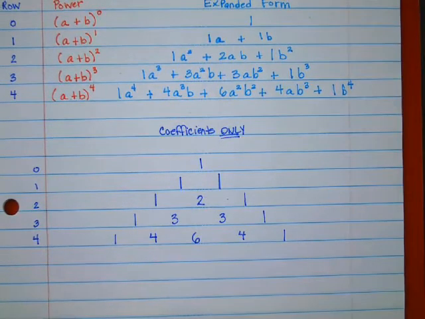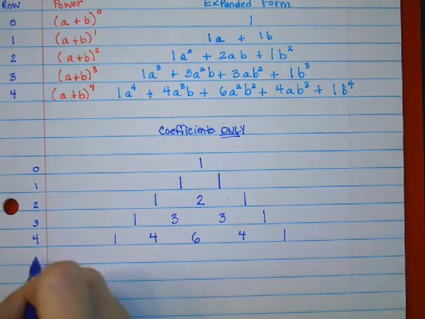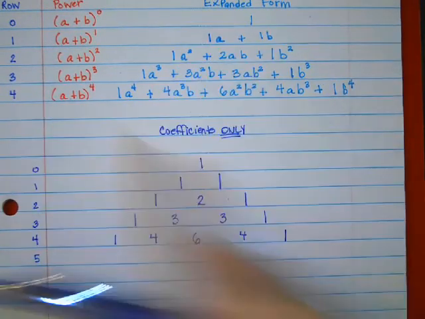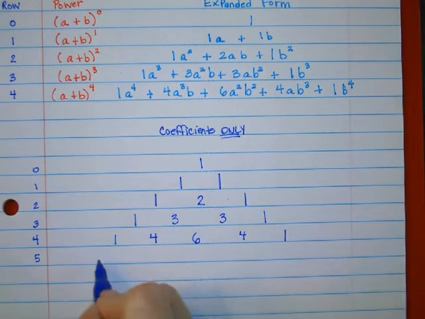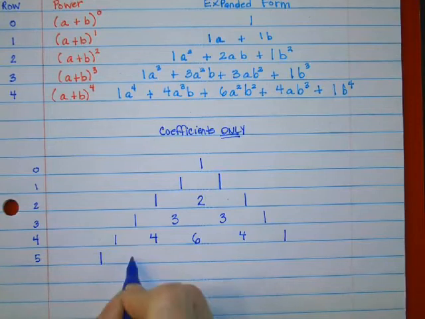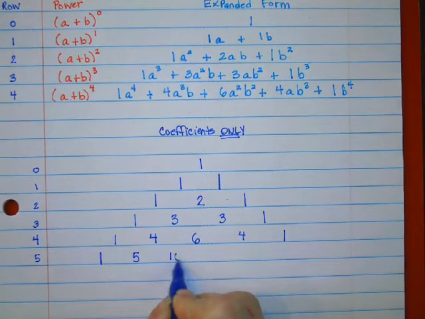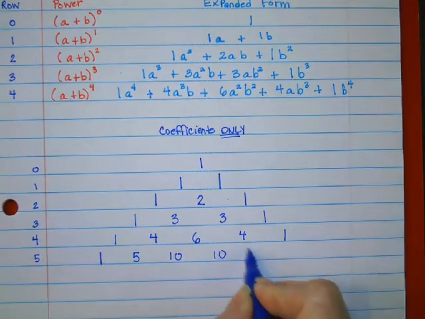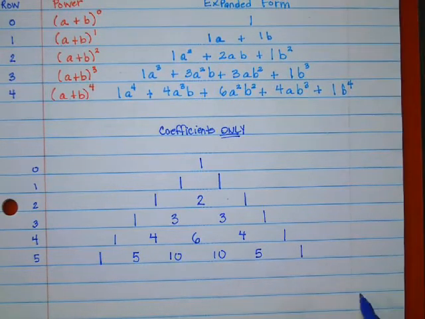Beautiful. But now I'm going to show you how to go all the way to row 8 because sometimes we need big ones. So I'm going to go to row 5. I'm going to start with 1 and add 1 plus 4. That's right, 5. 4 plus 6, 10. 6 plus 4, 10. 4 plus 1, 5. And then we end with 1.